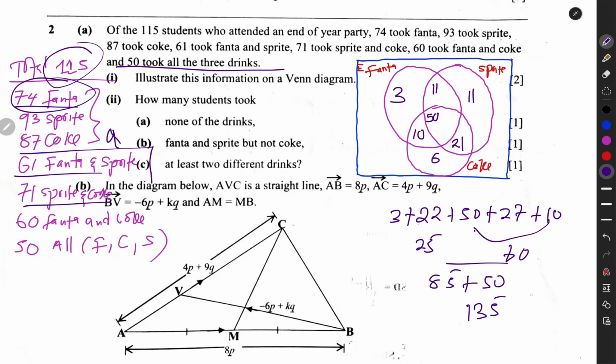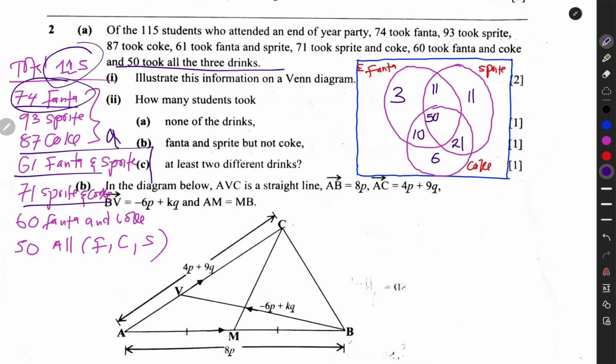Now what is the total? Wow. Let me just re-add again, because the total is 115. So we have 3 plus 11 plus 11 plus 50 plus 21 plus 10 plus 6.